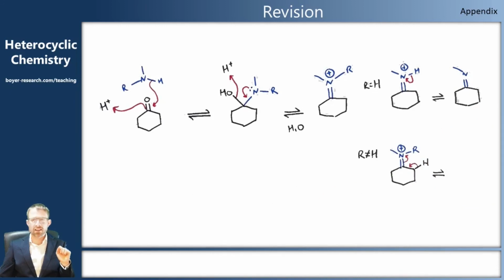And this gives us a neutral species, and that's the enamine, so a double bond next to an amine. The imine is a very good electrophile, and the enamine is a very good nucleophile, and this is how they're important for synthesis.